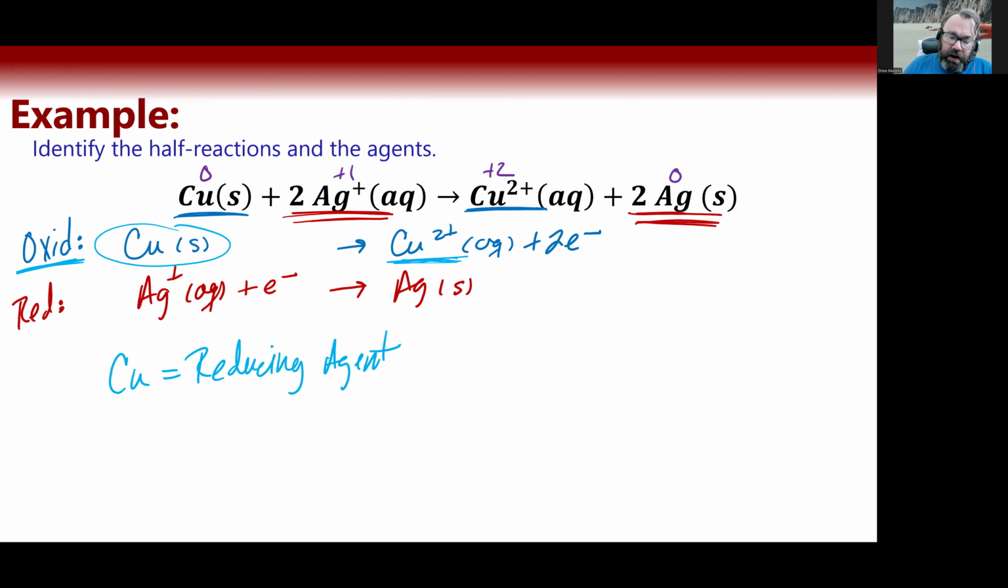On the reduction side, silver plus got reduced to silver, which means that the silver plus is the oxidizing agent, because it took the electron away from copper. So our silver plus is the oxidizing agent.